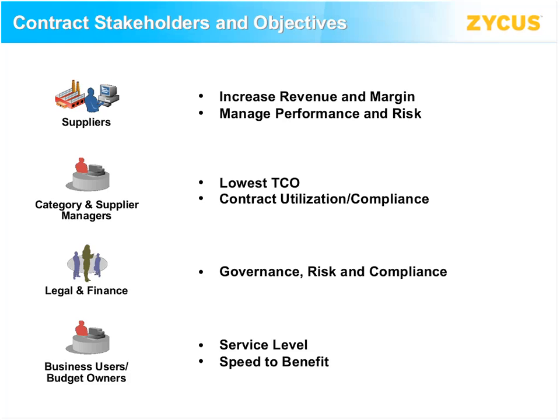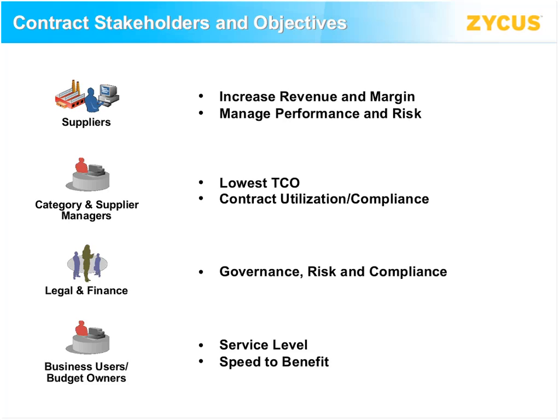So how do I achieve the lowest total cost of ownership, and having put in place what I consider to be the best agreements, the best total cost agreements with the best suppliers, make sure that they're being utilized and being complied with across the business.